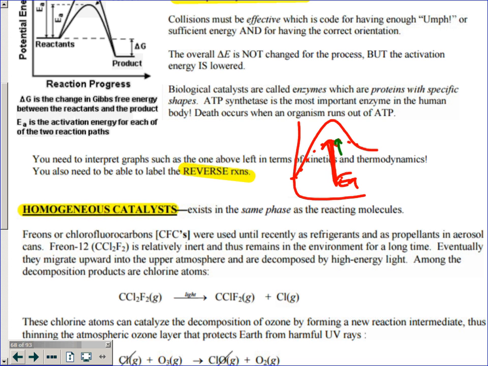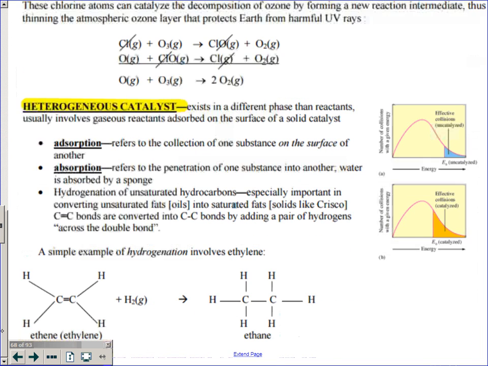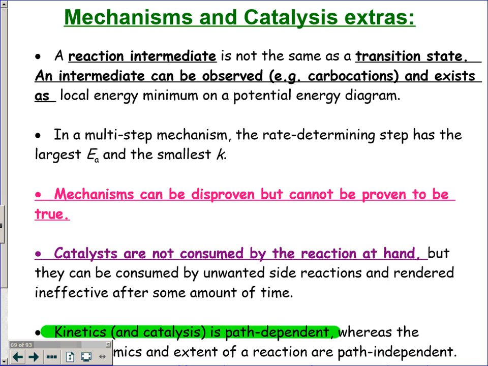Okay. So I just want to make sure I covered catalysts with you before moving on to checking, and these are just really good examples. So these are big misconceptions. I would like for you to read them first, then write down what you need to.